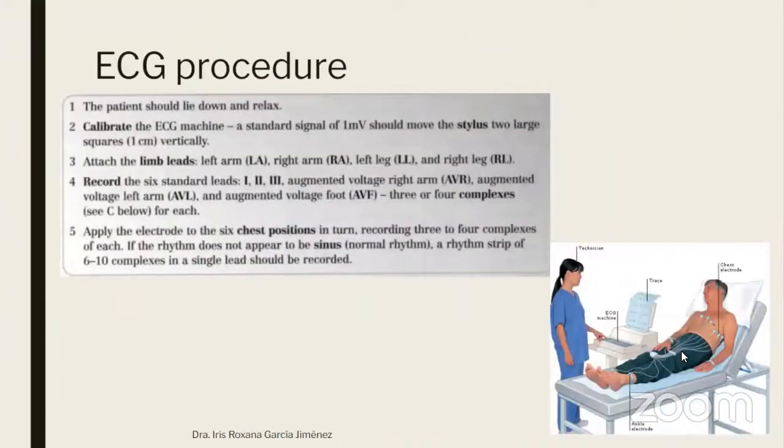Just examples. Following the procedure, of course, the patient is in a bed. The patient has to be relaxed. If the patient is under stress, the trace is failing. We calibrate the ECG machine, and then we place the limb leads, the heart leads, and then we start the procedure, recording the trace.